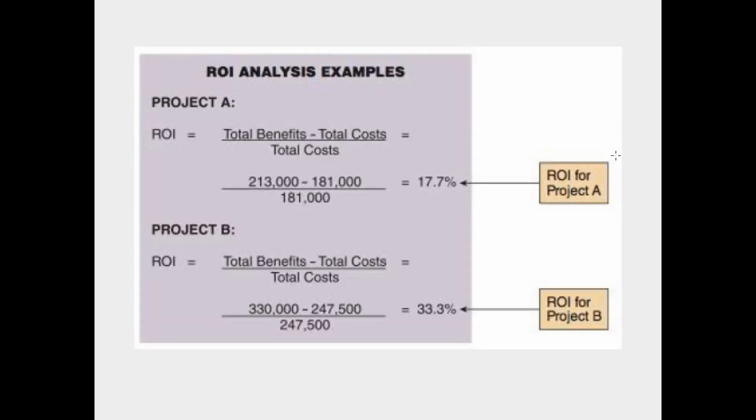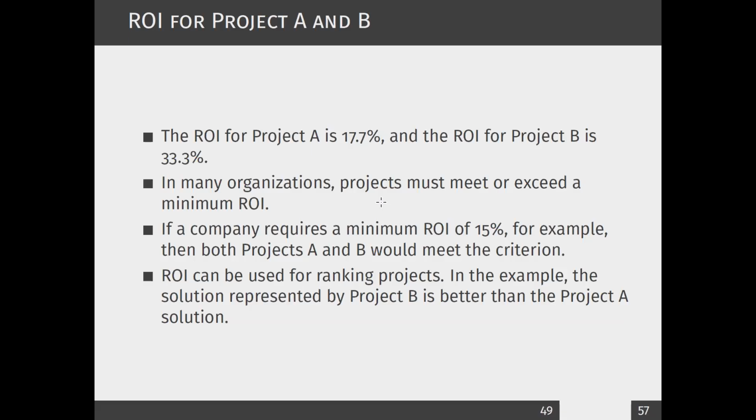The next one: how do you decide whether you are going to select project A or project B based on ROI? Now remember, this is not like our previous case. Usually when an organization uses ROI, they will specify a minimum ROI.